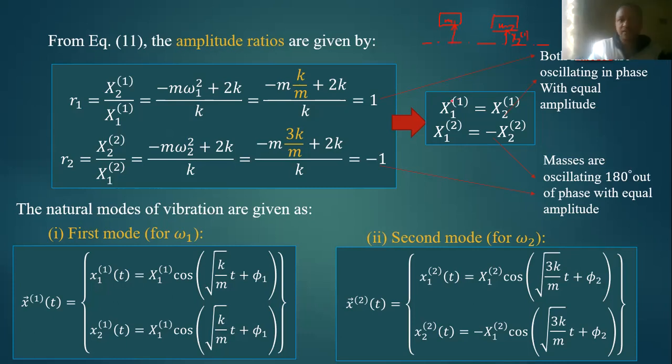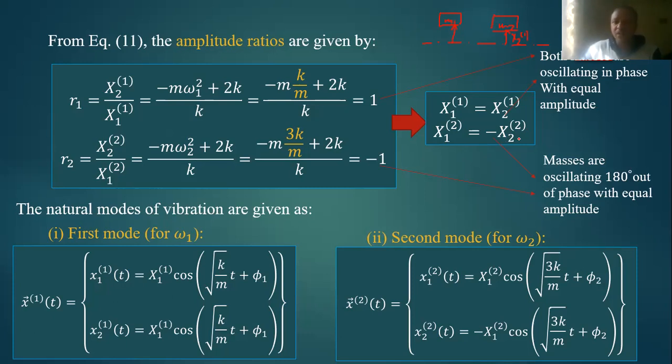It shows like that. In the second case, for the second natural frequency, x2(2) over x1(2) gives us minus 1. So r2 is equal to minus 1. This implies x1(2) is equal to minus x2(2). They are the same magnitude, but opposite in sign.